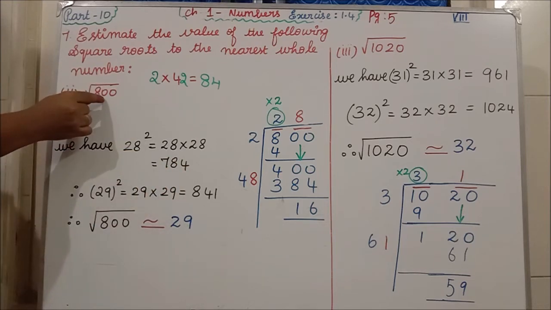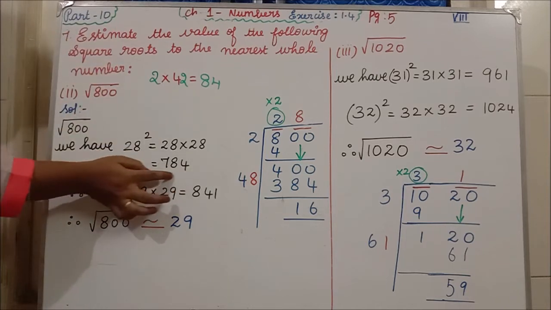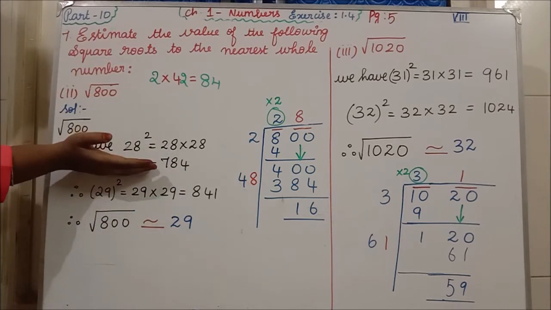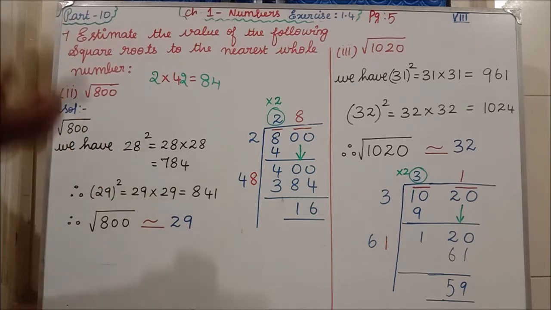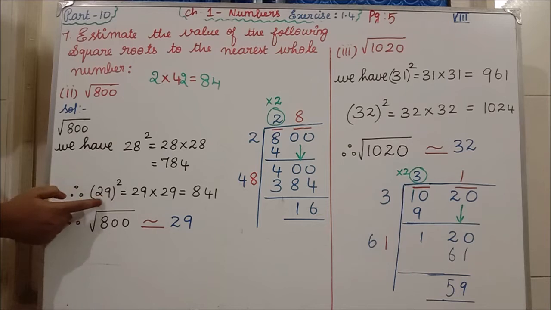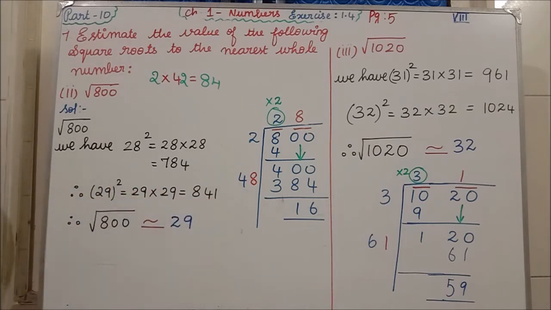Now see our question. Our question is 800, but we are getting only 784. It is a lesser number. So you have to try the next number after 28. 29. Next we have to find 29 square. 29 into 29 is 841.